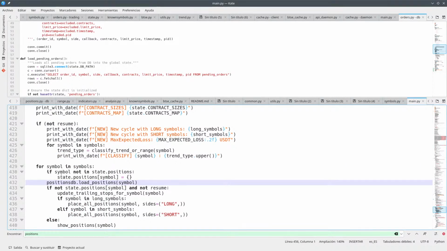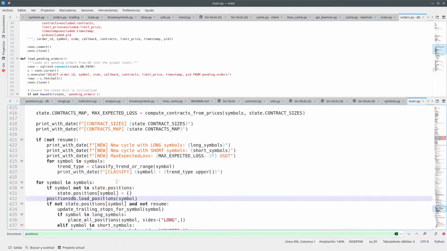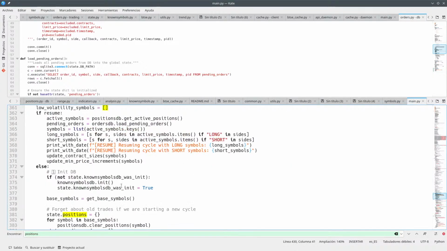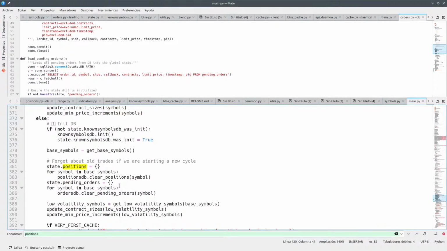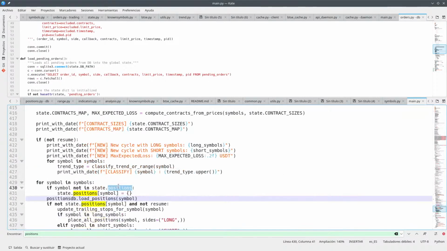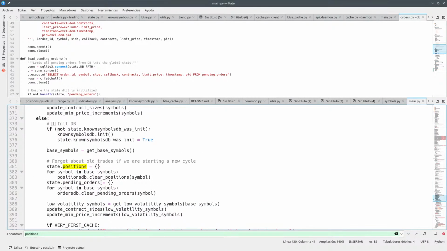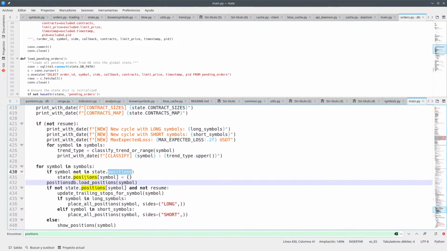So what are we going to do here? If symbol not in the state dot positions, then we remove it. So basically that's what it is. So we need to do the same thing with the pending orders.